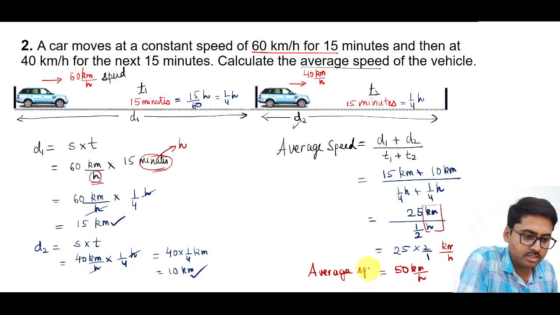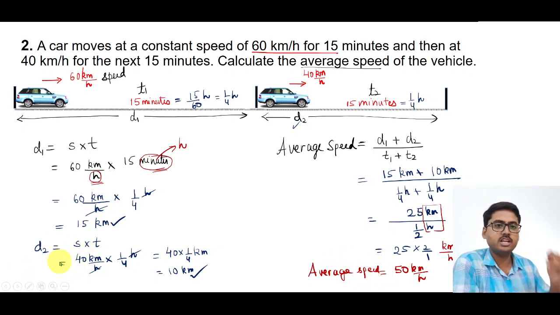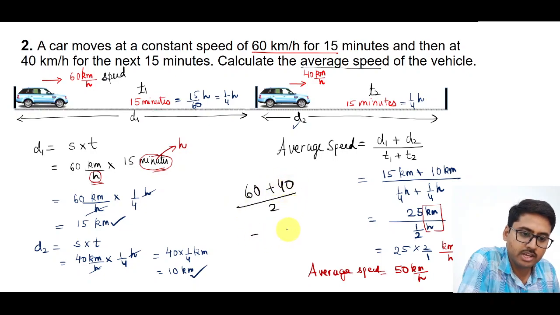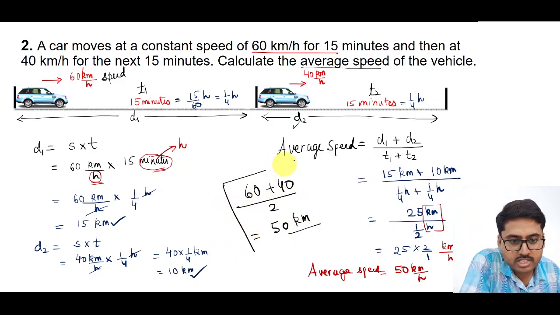Children, when they solve this question without even understanding, take the speeds as 60 and 40 and divide by 2, and they get the same answer, 50, but they do not understand the argument. How can this be correct? Because if you go by this method, you may not be correct always.